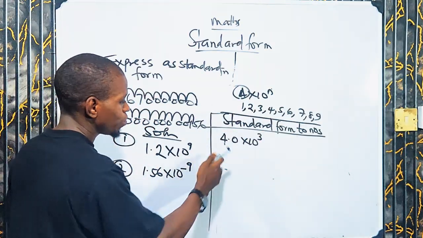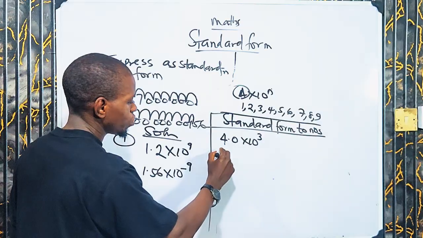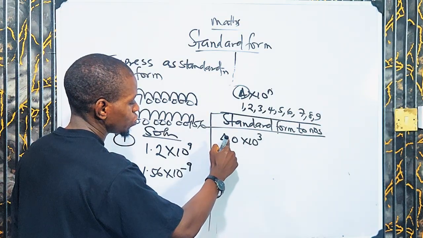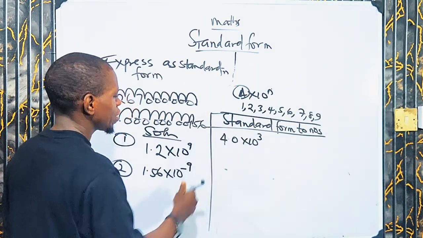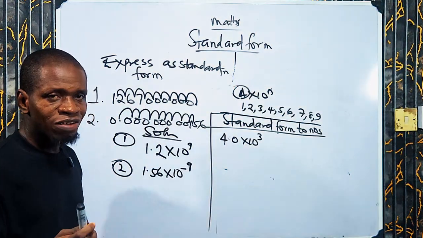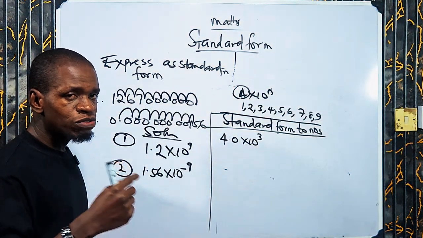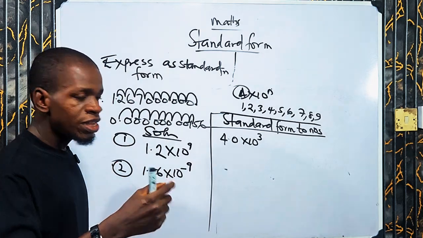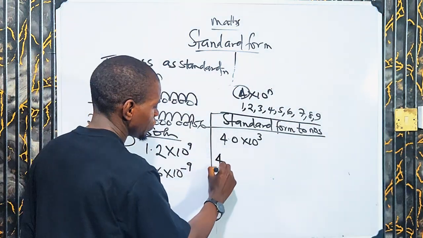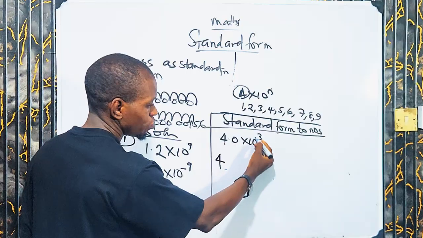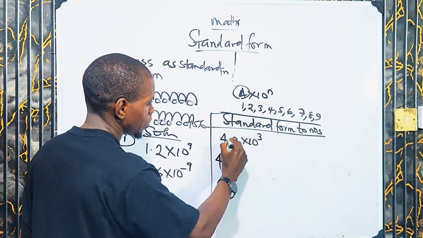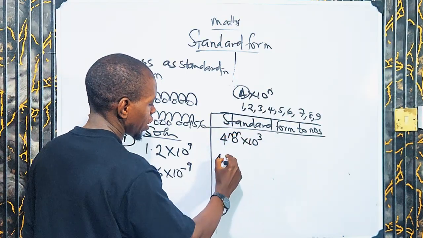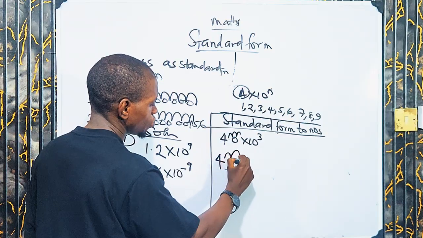So what do I do now? I'm going to do it this way. From front to back, what did I say that front to back is going to be? Negative. So it simply means what now? I will just say 4. How many times am I going to move it? 3 times. So I'll say 1, 2, 3.